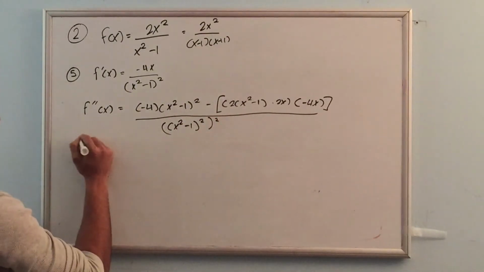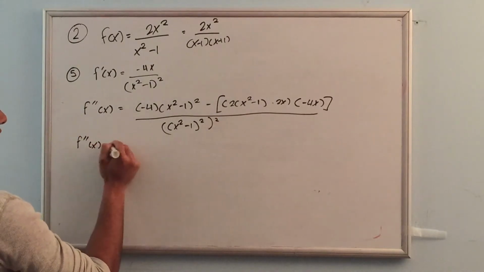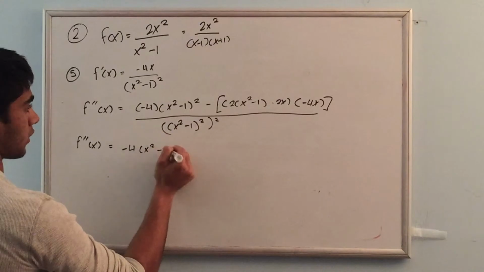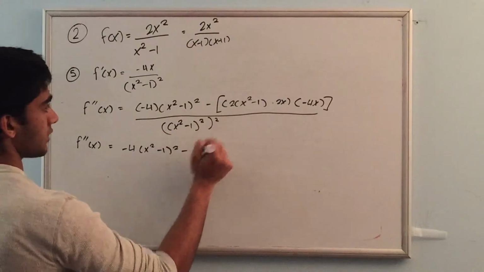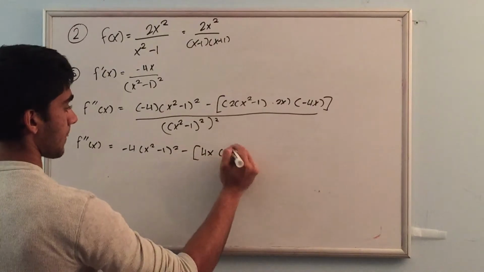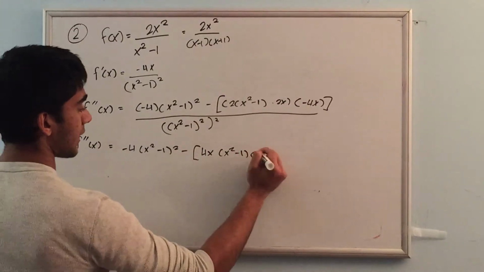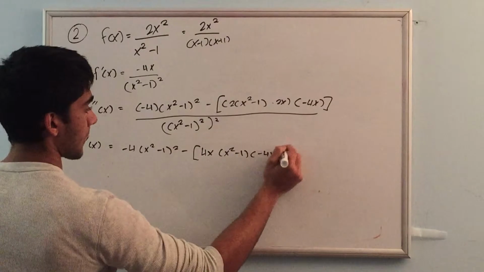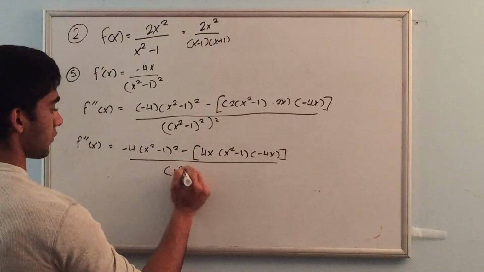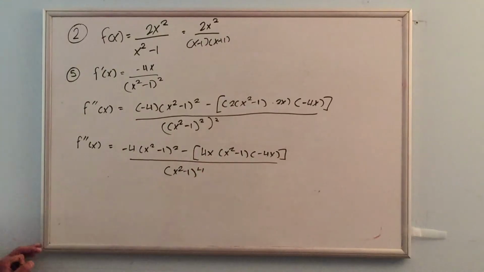So we can rewrite this as, we keep the negative 4 in front, (x squared minus 1) squared, minus, this will become a 4x in front of the x squared minus 1, times another negative 4x, all over (x squared minus 1) to the fourth.